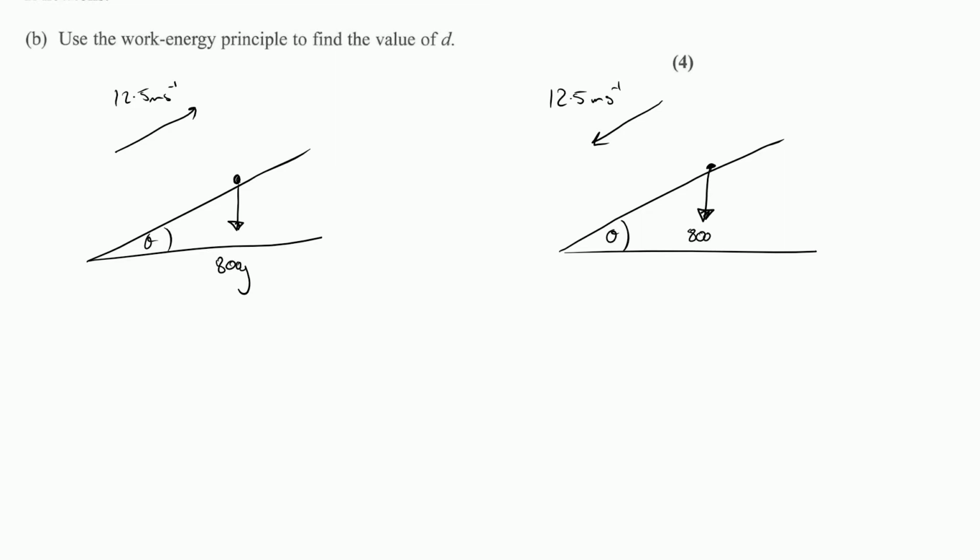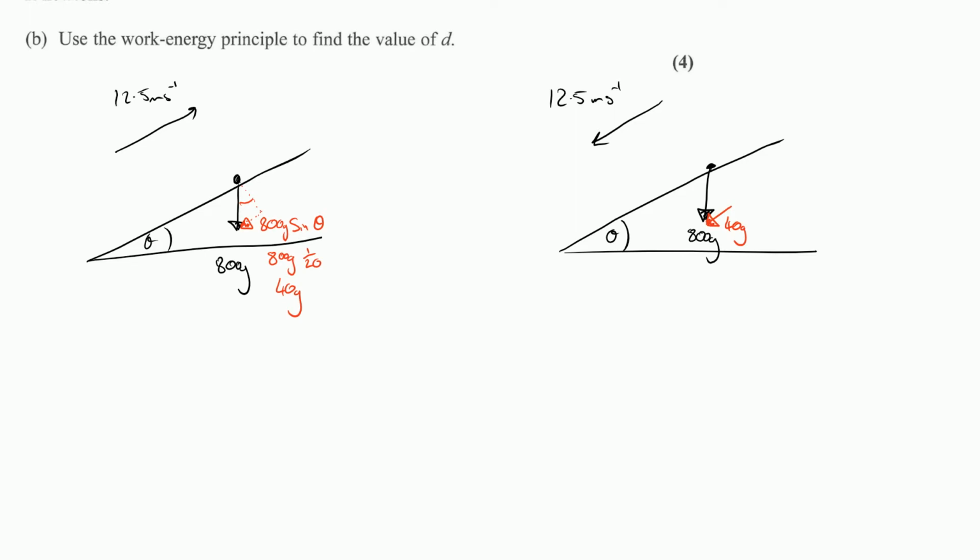And as always with these sorts of questions, I'm only interested in motion that is parallel to the plane, so rather than worrying about just the vertical part, I just want to think about the bit here that's parallel and pushing down in this direction, which we know from having done this hundreds of times is going to be 800g sine theta, and because sine theta works out to be 1 over 20, as we're told from the question, this is 800 times 1 over 20, which gives me 40g. Exactly the same in the downhill case. I'm going to have 40g that's pulling me downhill.